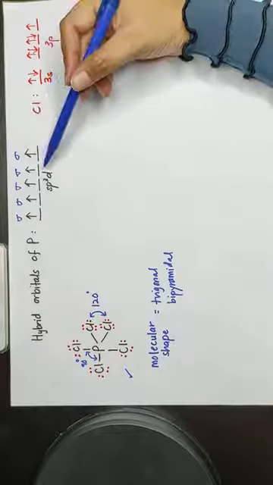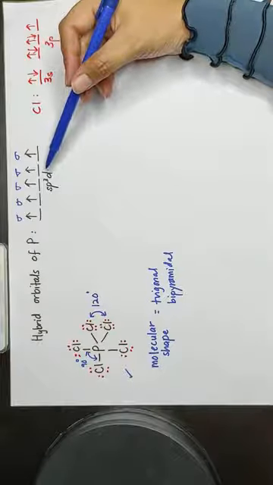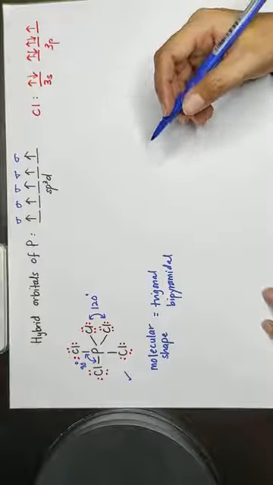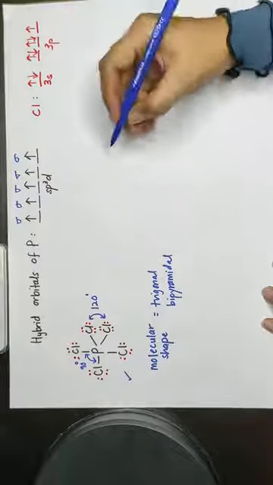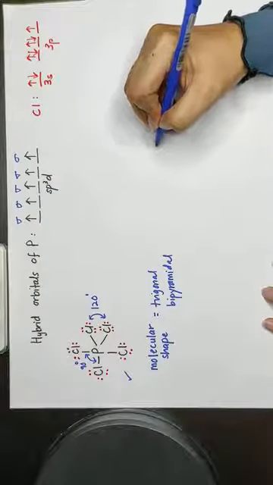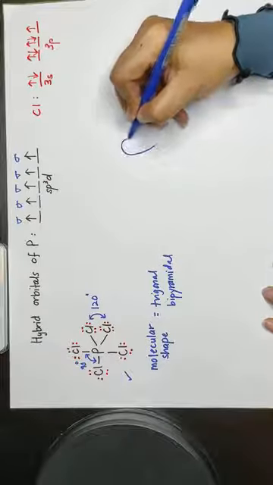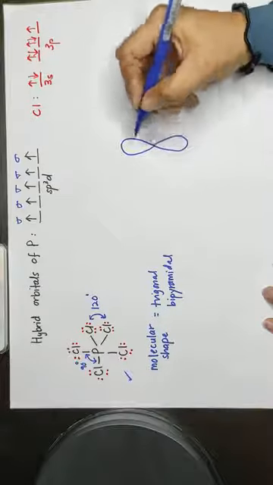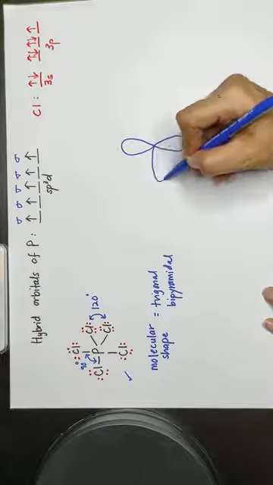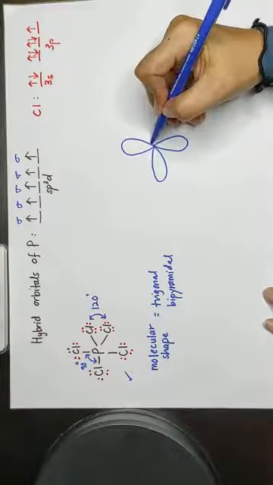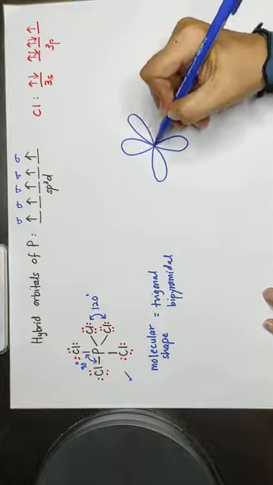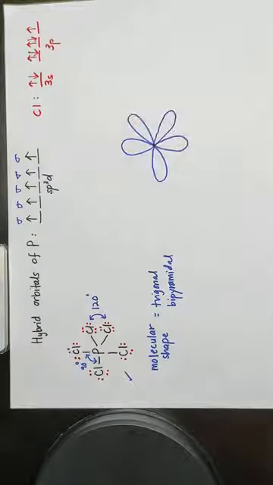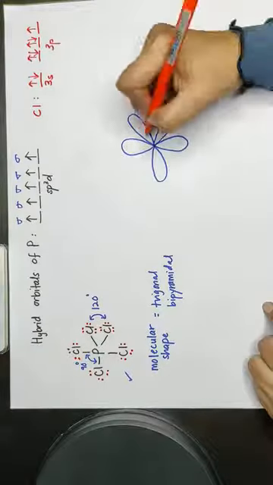The shape of the sp3d hybrid orbitals of phosphorus is trigonal bipyramidal. So this is the shape of the hybrid orbitals: 1, 2, 3, 4 and 5.